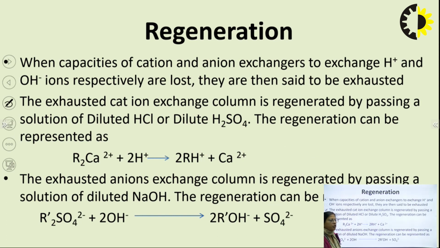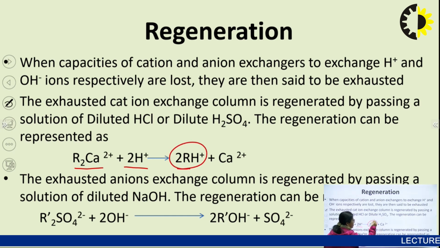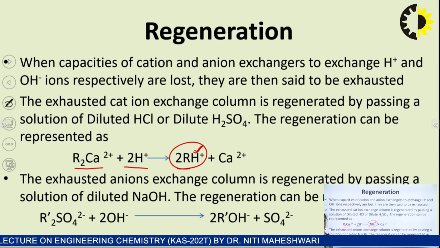Coming to the regeneration, I have already discussed that the exhausted cation exchangers are treated with dilute acids to again get regenerated. Calcium moves out or the magnesium moves out, and H+ is again incorporated into the cation exchange column.